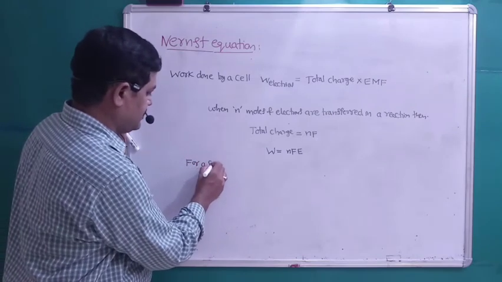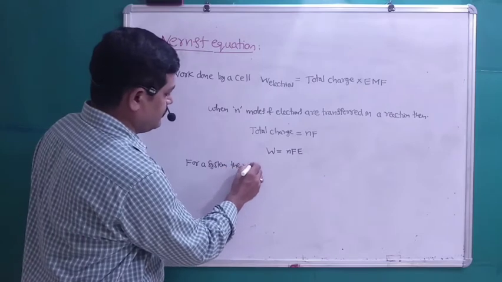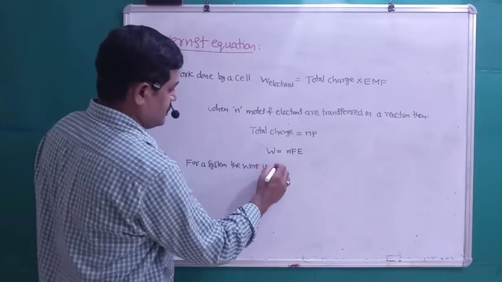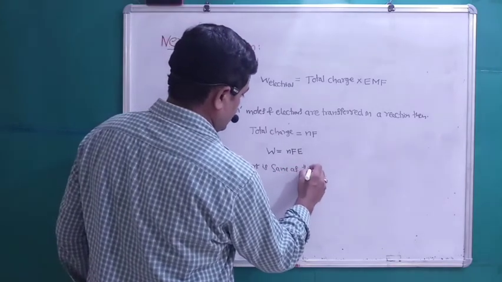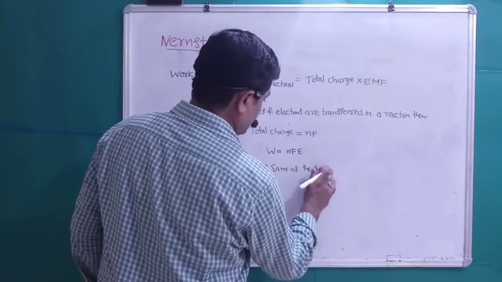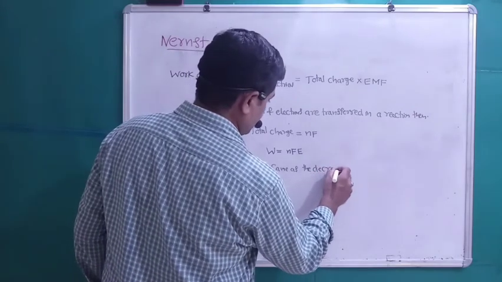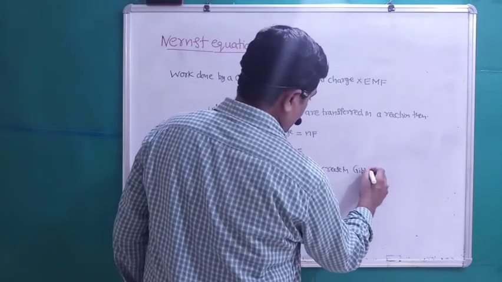For a system, the work done is the same as the decrease in Gibbs free energy.